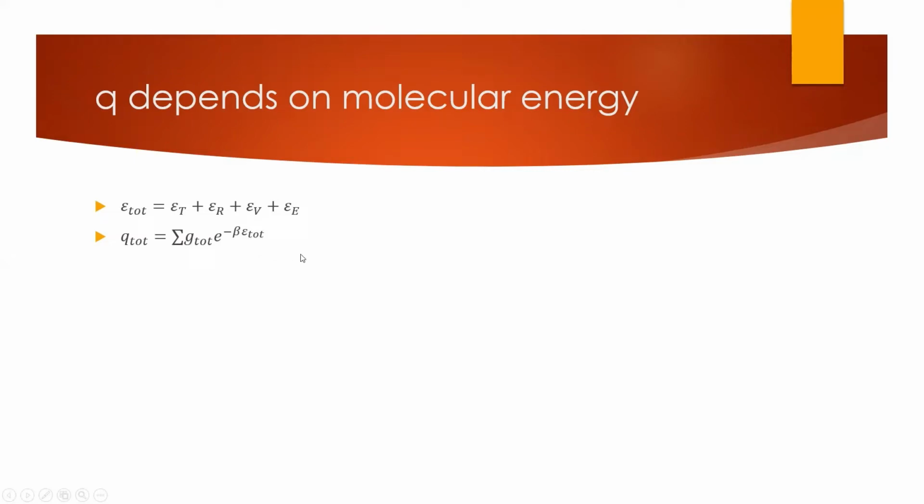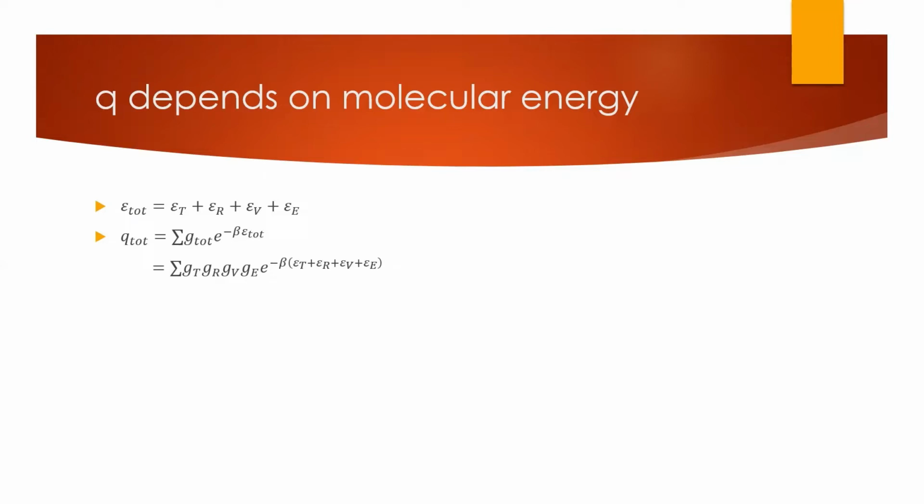We can pull this apart. The degeneracy is simply the product of the degeneracies of every single level, and the total energy is this sum up here. So this is equal to the sum of all the different degeneracies for all of the different degrees of freedom times e to the minus beta times the sum of all of the energy levels.